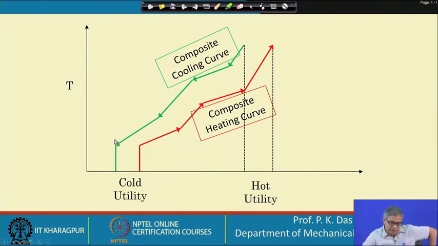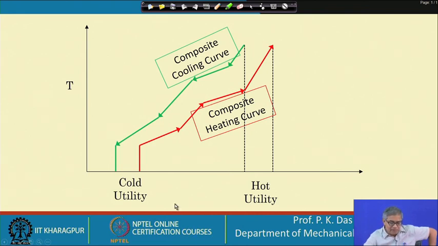I could have given a different color because this is actually cold, but I have given red to mean that this has to be heated and this is to be cooled. So, this is your composite cooling curve and this is your composite heating curve. Combining all the cold streams together we got this curve, and combining all the hot streams together we got this curve. What we can see is that there is some overlapping temperature zone.